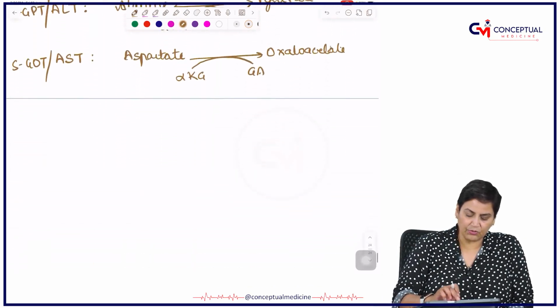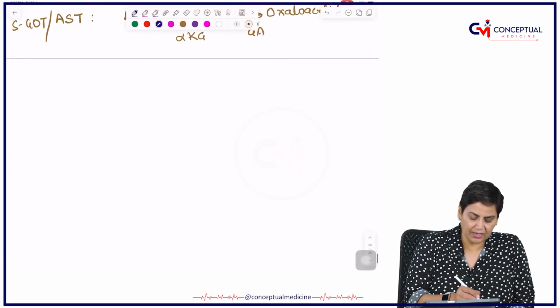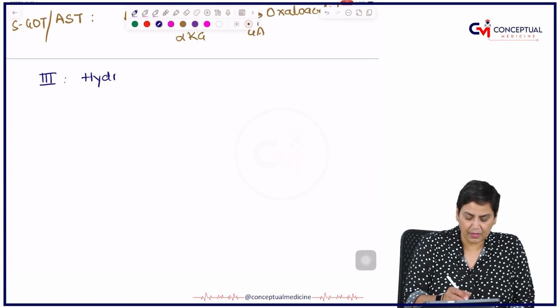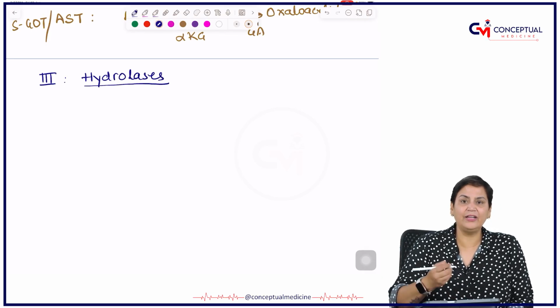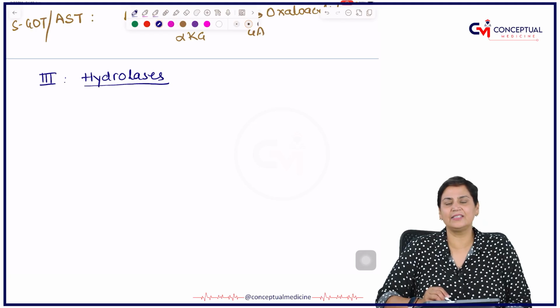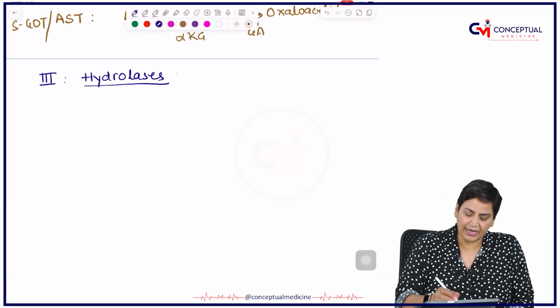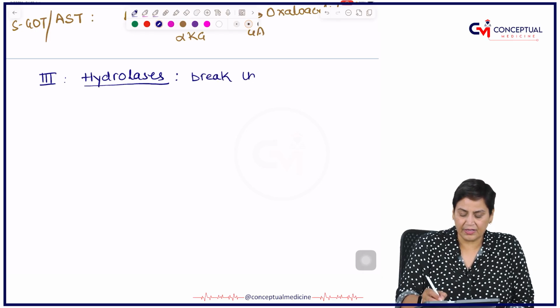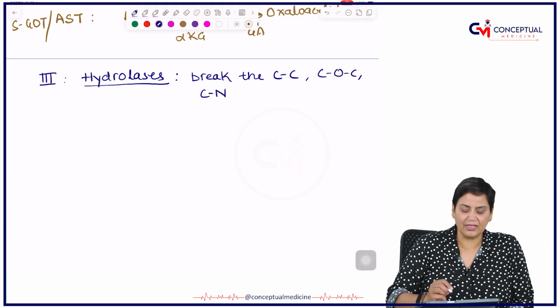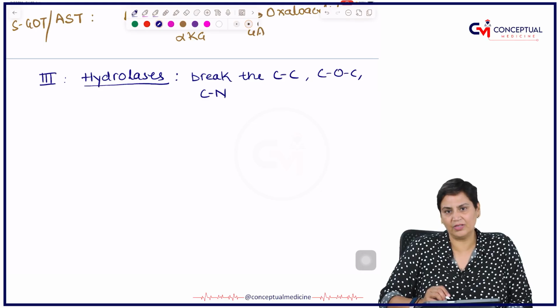Then we come over to class 3 of enzymes. Class 3 is hydrolases. Now it is clear from the word itself, hydrolysis means which catalyzes the hydrolysis, or it breaks the bonds. Whether it is carbon-carbon, C-O-C, or C-N, whatever bonds are there, they will be broken by hydrolysis.